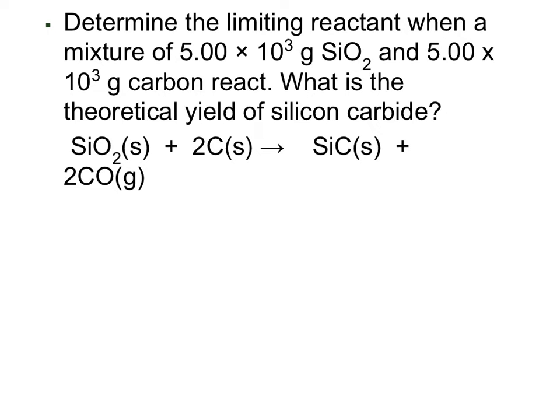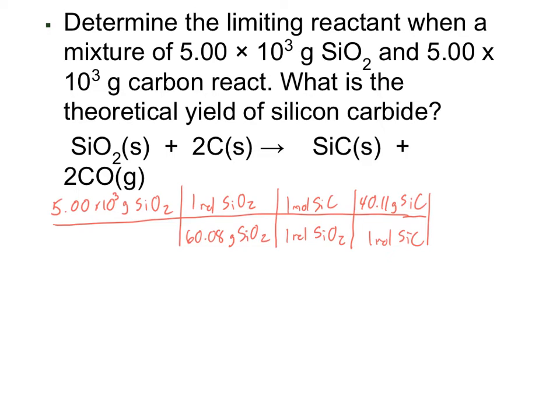And so first, we're going to start with our 5.00 times 10 to the third grams of silicon dioxide. And we find that based upon that amount of starting silicon dioxide, we are theoretically going to form 3.34 times 10 to the third grams of silicon carbide.